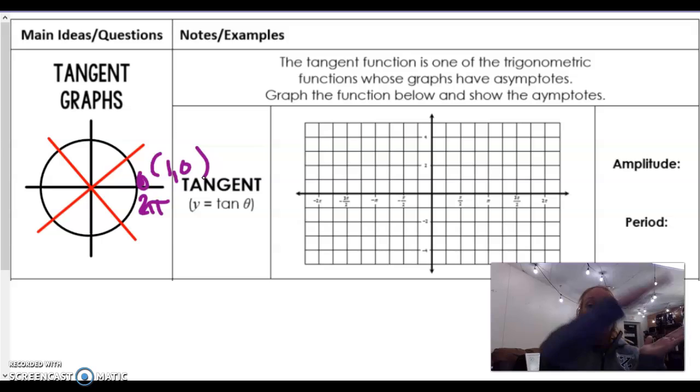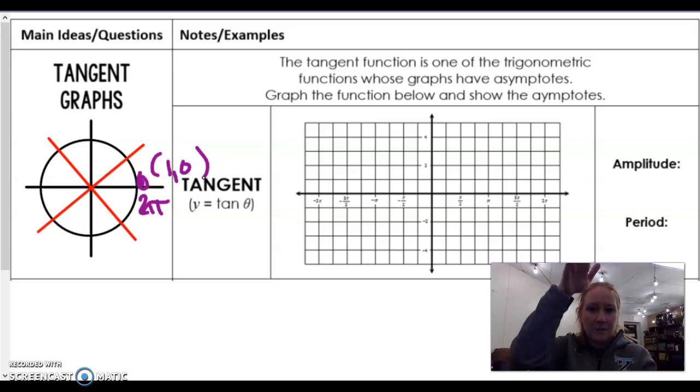Radians is the angle that's opening up. The sine is the y values, the cosine is the x values. So the tangent is rise over run, y over x. So this tangent is a slope.